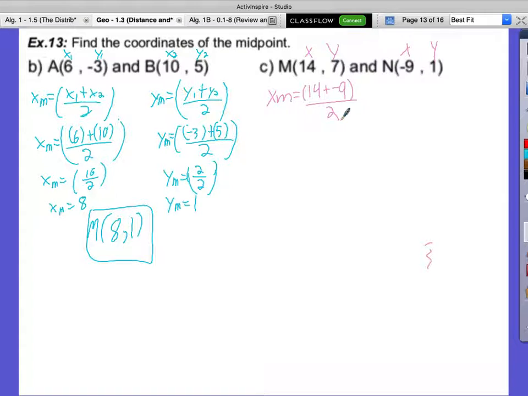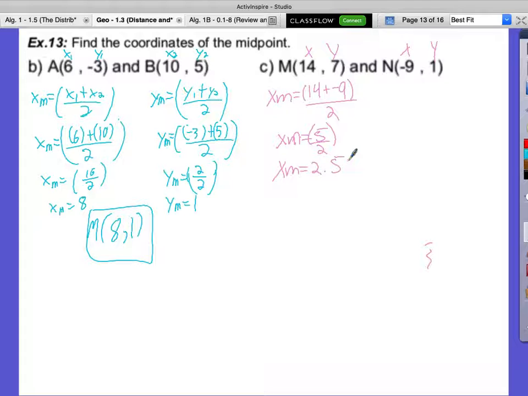And then you subtract 14 and 9 because 9 is negative, so you get 5. So xm equals 5 divided by 2, which is 2.5. So that's your first point.